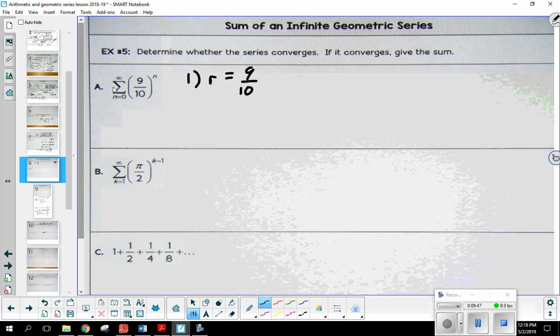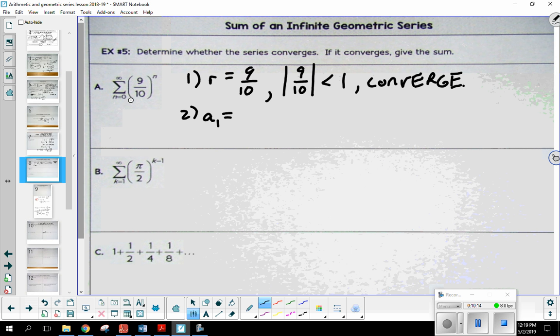So the question is, will the absolute value of 9/10 be less than 1? Yes. So that means this does converge. Because it converges, I can find the sum. So let's make sure we know what the first term is. Can anybody tell me what the first term is? It is 1.